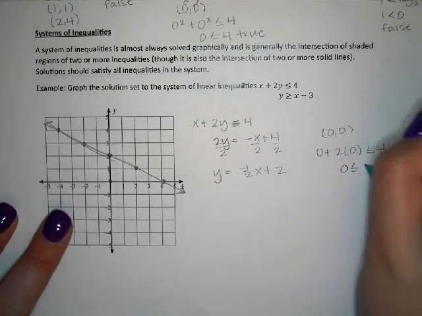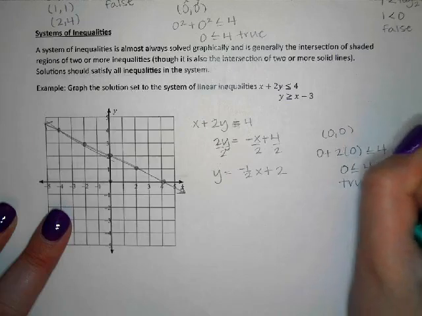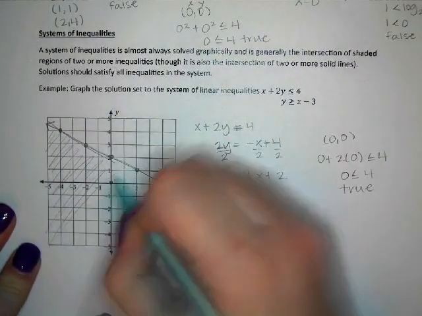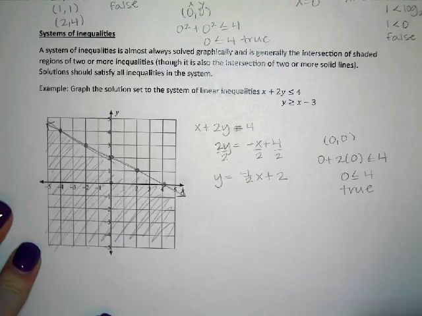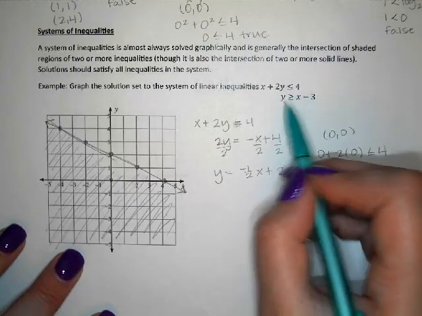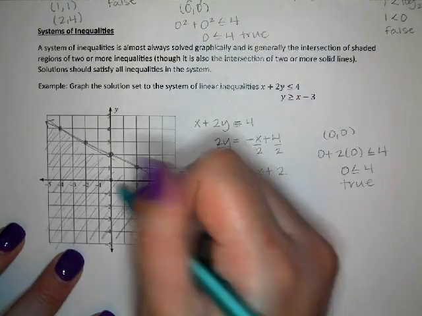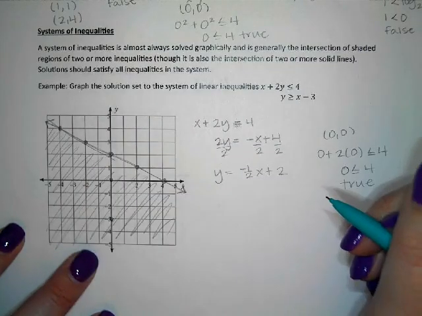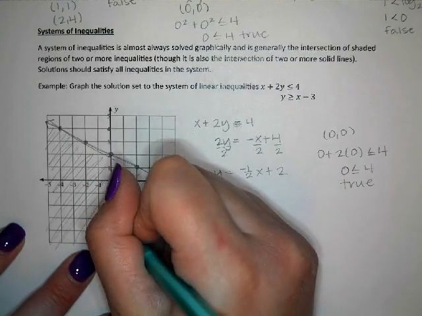Okay, so for this line, there's my shading. Okay, and I'm going to go ahead and graph my other line. y is greater than or equal to x minus 3, so I'll start at a y-intercept of negative 3. And I have a slope of 1, so up 1, right 1, up 1, right 1, up 1, right 1.